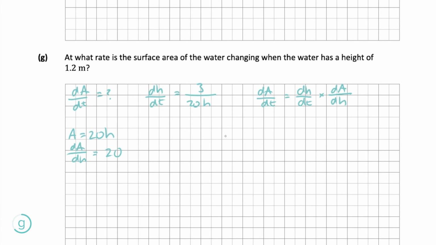Then we can come back over here and say that dA/dt is equal to dH/dt, which we know is 3 over 20 multiplied by h, and the h we were given in the question is 1.2, all multiplied by 20. These two 20s will cancel out, giving us dA/dt is equal to 3 over 1.2.